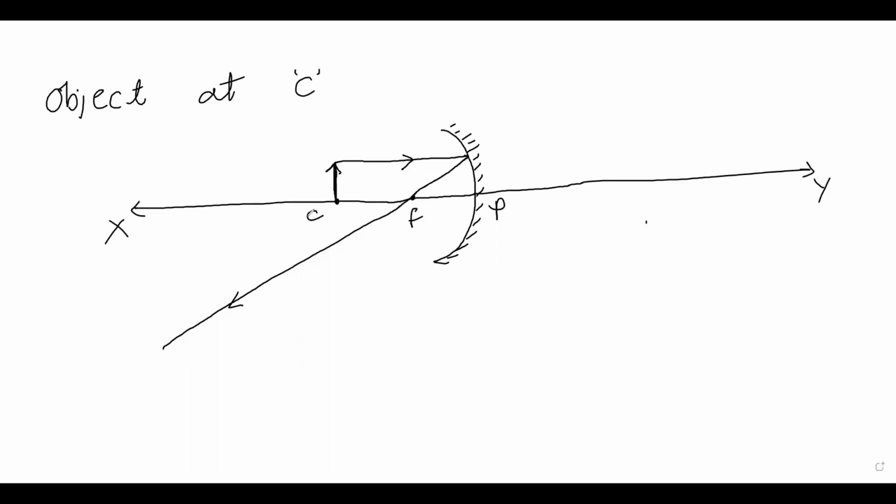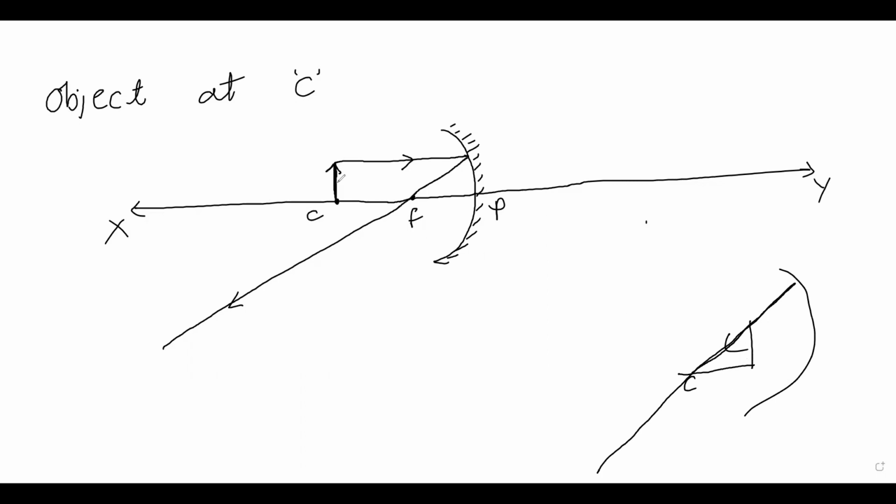Now here you can't use this second rule, which is a ray passing through the center of curvature will move back in the same direction. Generally, we use this in previous cases, but in this case, we can't use this rule.